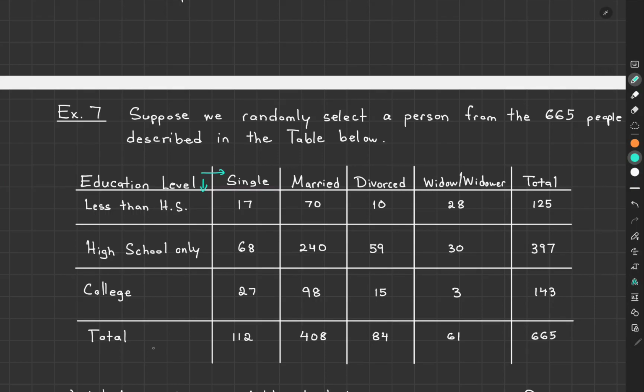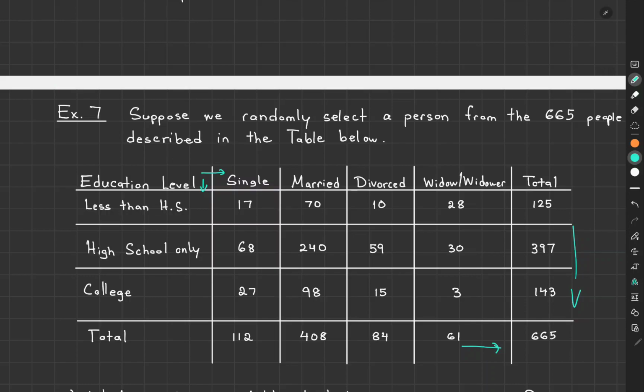And then out here we have the totals for each. So this is total of single, total of married, total divorced. This is going to be the total of all of your education statuses. So this is the total number of people who went to college, total number of people with only a high school education, total number of people with less than a high school education. And in both directions, if you were to add this way or this way, it should add up to 665, which is our total number of people.